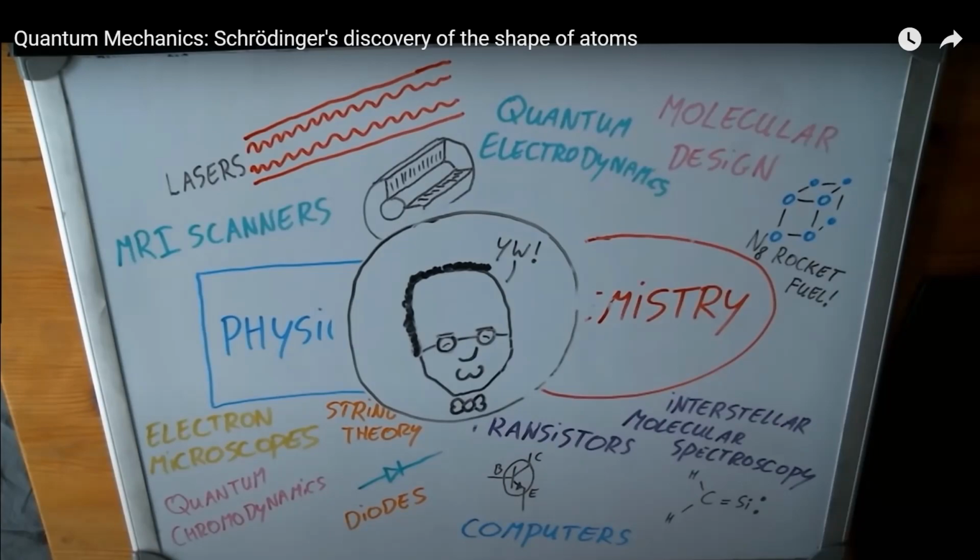Okay, so just so you're aware, all of this quantum mechanics allowed for the development of lasers and MRI scanners and electron microscopes, string theory, transistors, computers, interstellar molecular spectroscopy, rocket fuel, molecular design, and all kinds of other things. So without quantum mechanics, your phone would not be possible.